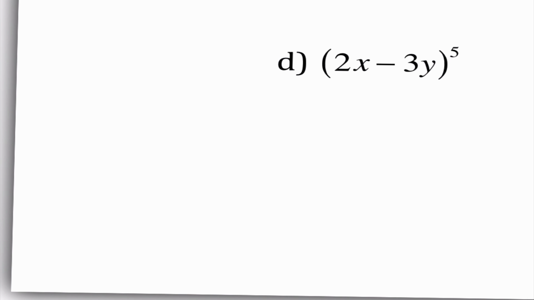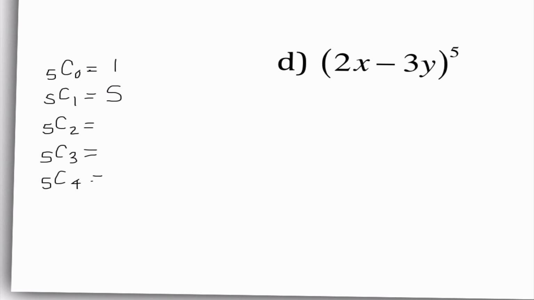So I need to start off here by finding 5 combination 0, which is 1. 5 combination 1, which is going to be 5. 5 combination 2, 5 combination 3, 5 combination 4, 5 combination 5, which we know is 1, and we know this is 5. So I really only need to find what is 5 combination 2, or 5 choose 2. We can say it either way. So I have n factorial over n minus r factorial, r factorial.